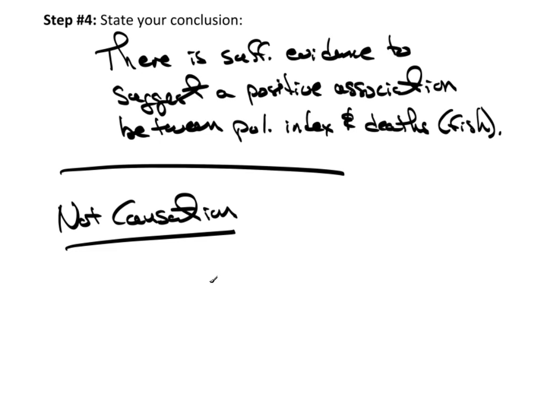We cannot say that the pollution is actually causing the increase in deaths, although it certainly feels that way, and it's a logical thing to want to say. Mathematically, and with all the theory behind correlation, we cannot make that causal connection. There are many, many other possible contributing factors that could be causing the increase of death in the fish. This could very likely be a contributing factor, but to say that it is actually causal is not a good idea.